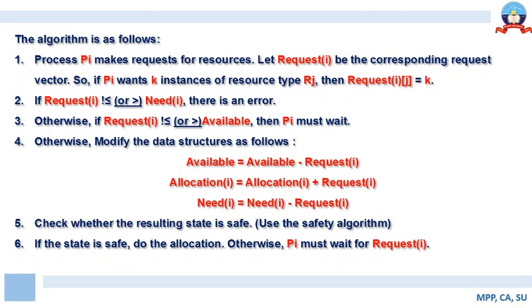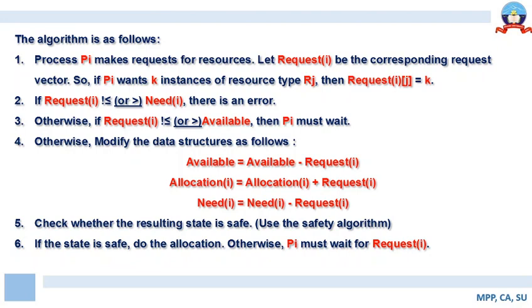If the system enters into a safe state after the allocation, then you proceed with the allocation. Otherwise you make the process wait. Now, in Dijkstra's Banker's algorithm, there is an additional safety algorithm that is checked when we proceed with the allocation of resources to the processes.